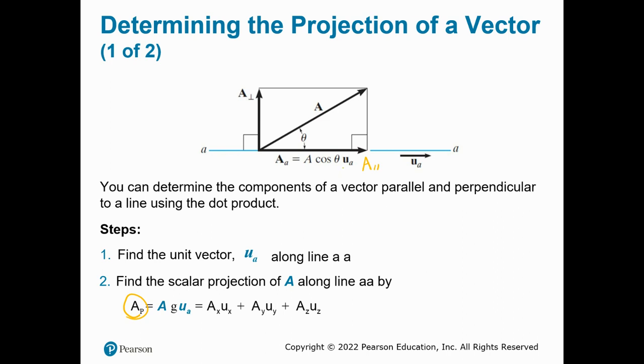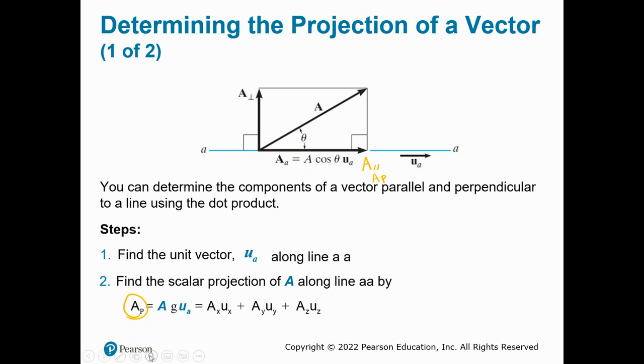That P means A parallel, same thing in this example. We're going to find the unit vector UA along line AA. This horizontal line right here is your line AA.